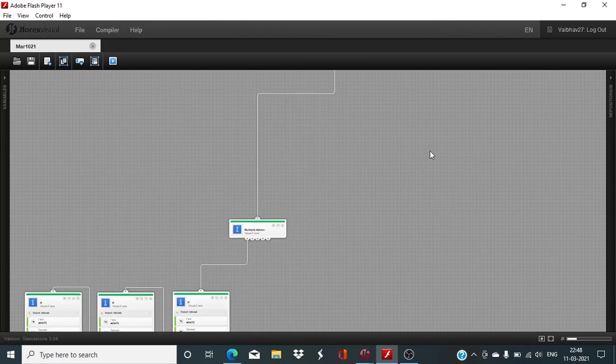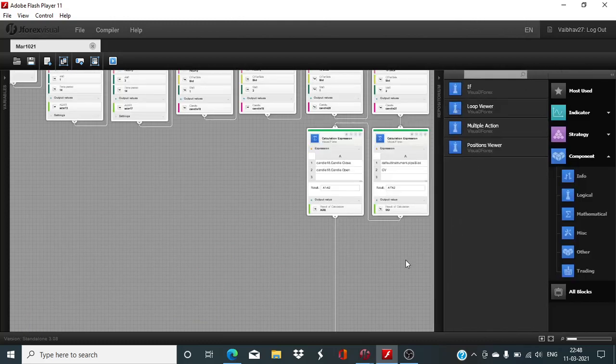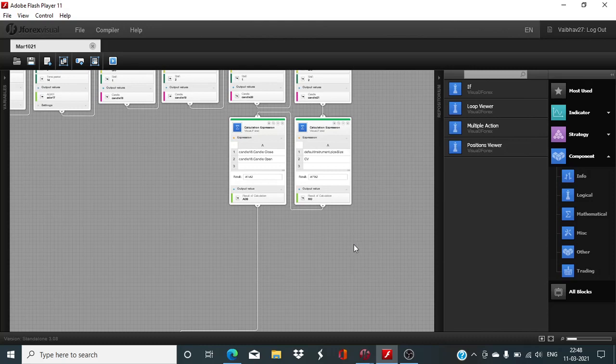buy trade. Now we take the market open. So as and when the conditions get fulfilled, the execution will happen at the market price. So we need the trading block now.